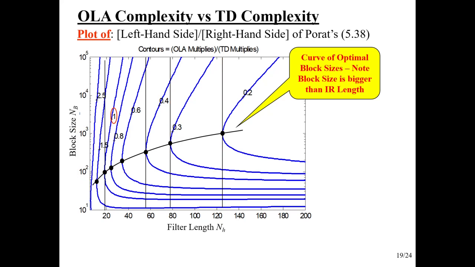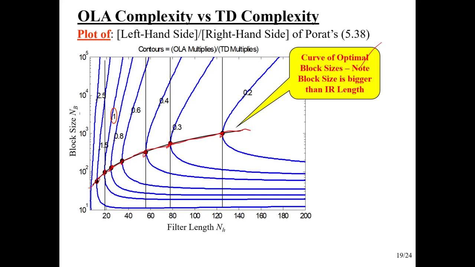If we look at every one of these vertical lines, find where its tangent point is, and I've put a dot. So all these dots here are optimal operating points. And then I just imagined drawing a curve through these contours so that the curve cuts through the contours at the vertical tangent. That's my optimal operating curve.